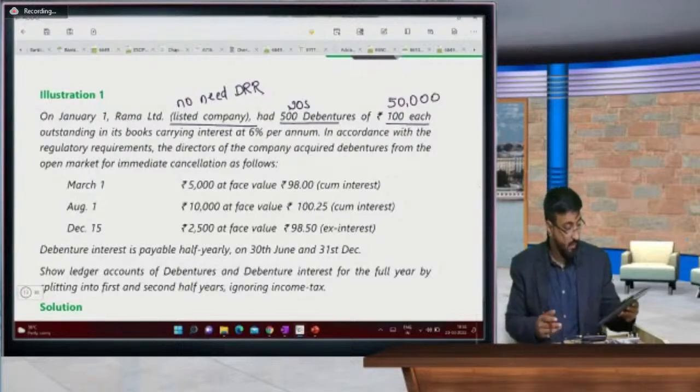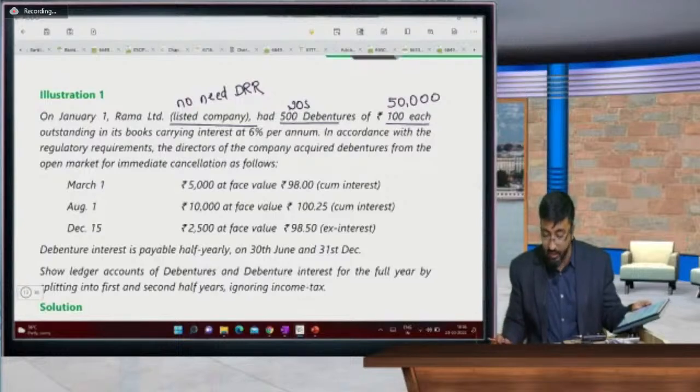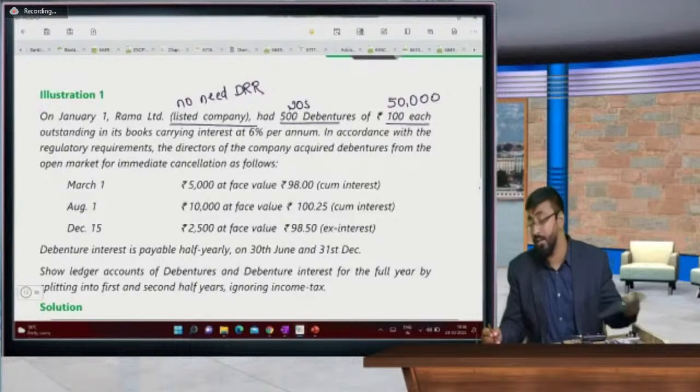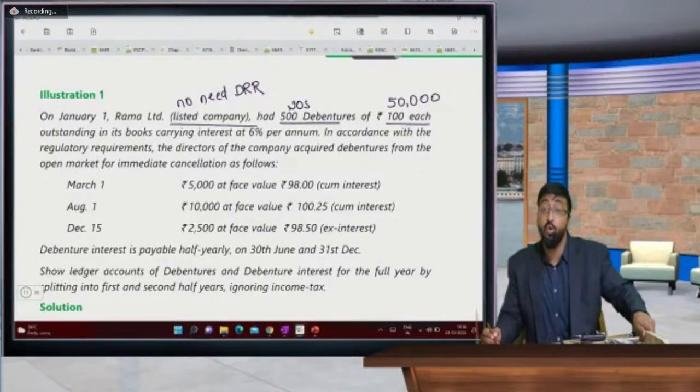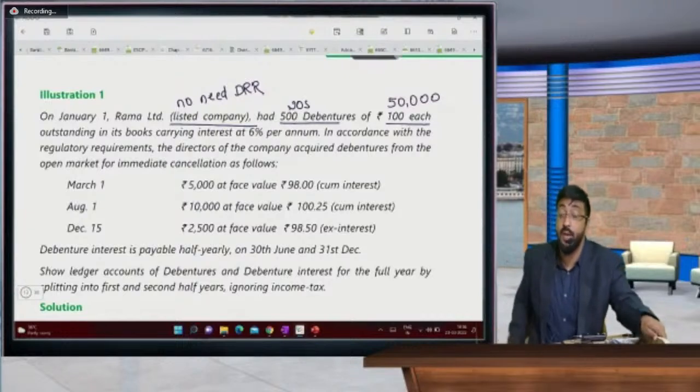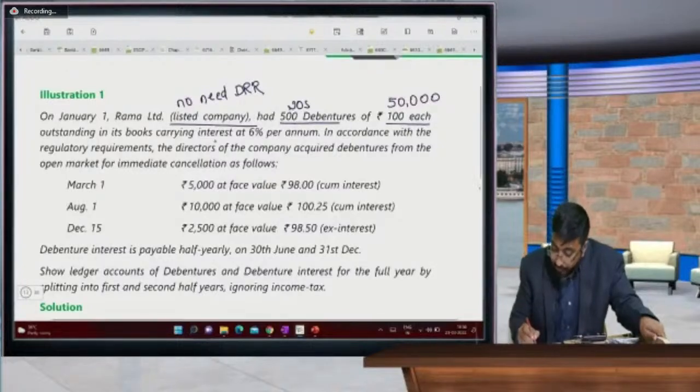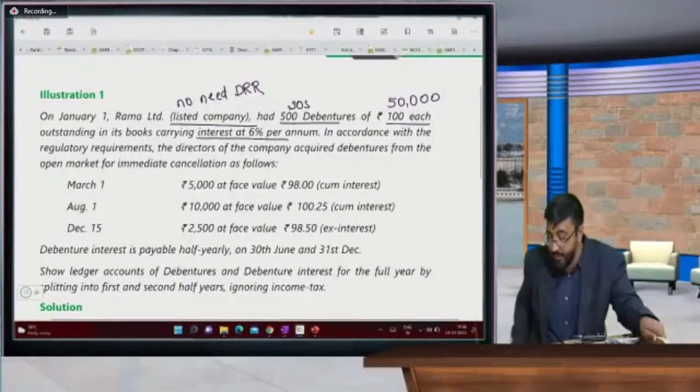Now 50,000 debentures balance. So tell me which balance debentures has, in the comment section. Now all of you have to answer. So beta, 50,000, which balance? Yes, carrying interest at the rate of 6% per annum.